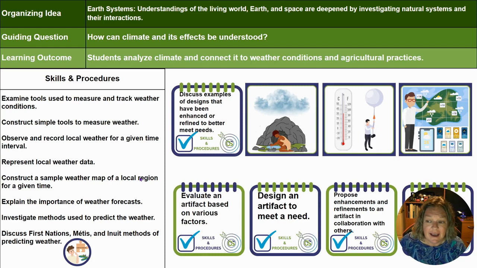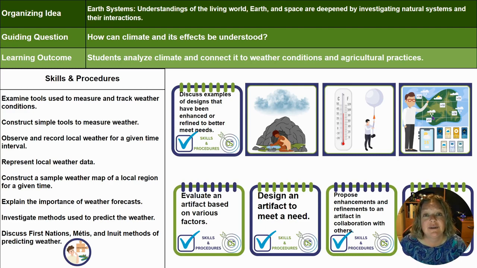We can ask students to discuss examples of design. So say we're looking at weather tracking systems and how they've changed over the years. What do you think it was like to only be able to determine what the weather would be based on standing outside and looking at what was happening, to where now we evolved to being able to measure the temperature and test some atmospheric conditions.